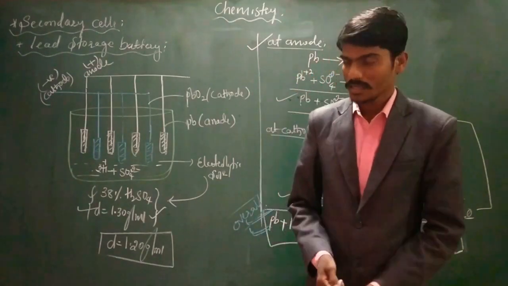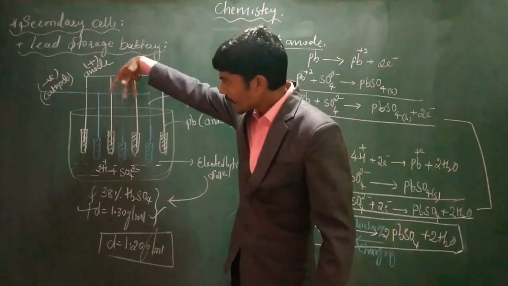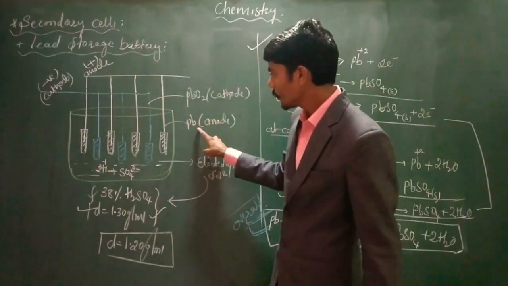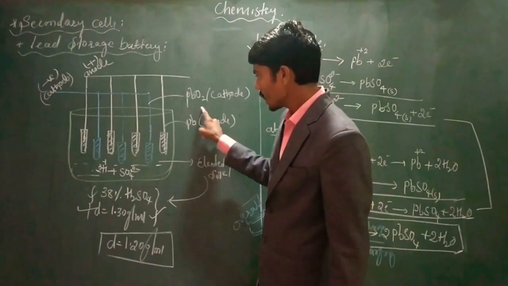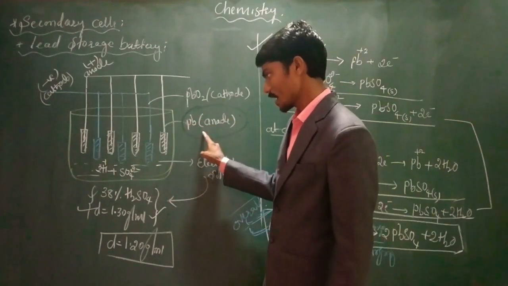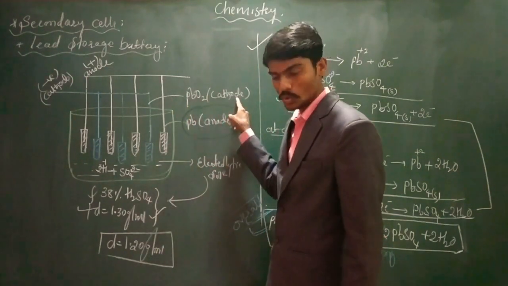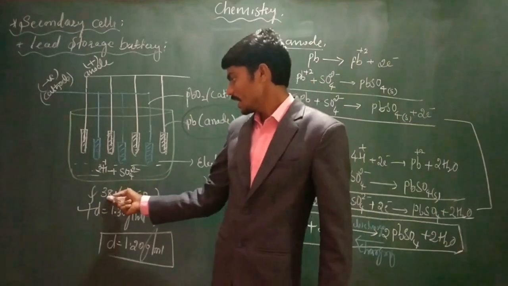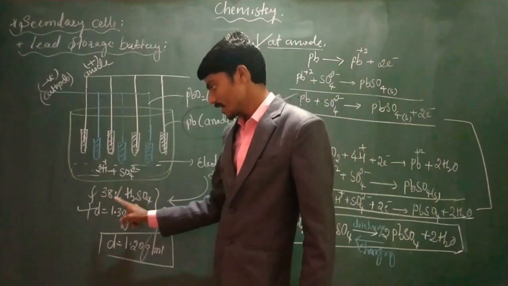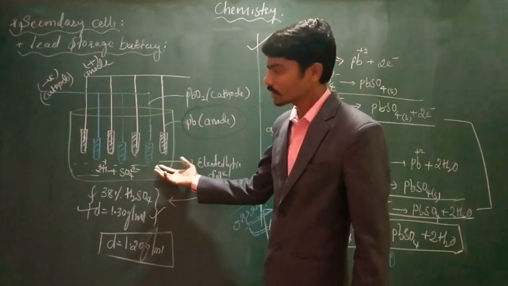Is it clear? देखिए एक बार, it consists of a grid of lead which is packed with finely divided spongy lead which acts as an anode and a grid of lead oxide which acts as cathode, and here 38% sulfuric acid having a density of 1.30 is taken as an electrolyte.